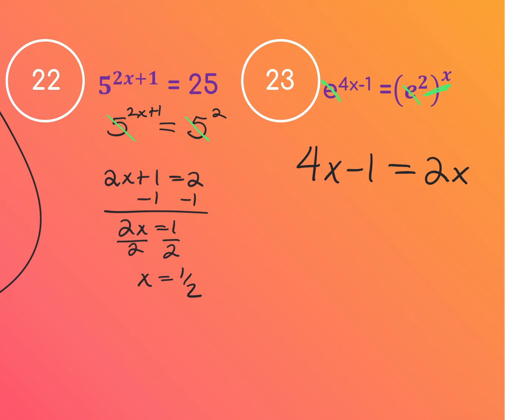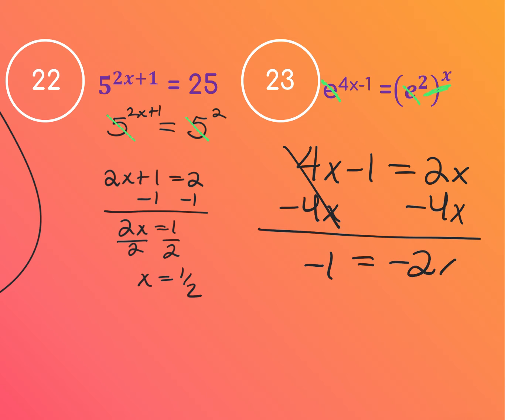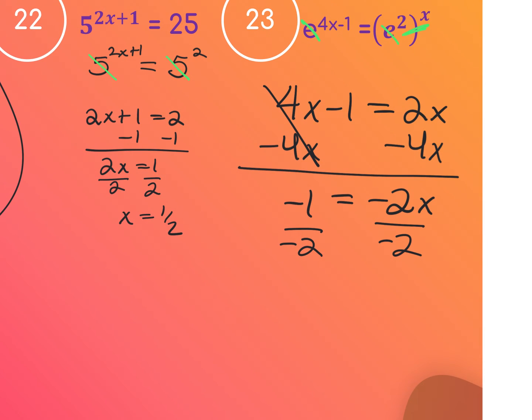So in this case, I need to get my x's together. So I need a minus 4x, no constants to group. Divide both sides by -2. Negative divided by a negative makes this become positive 1/2 equals x.